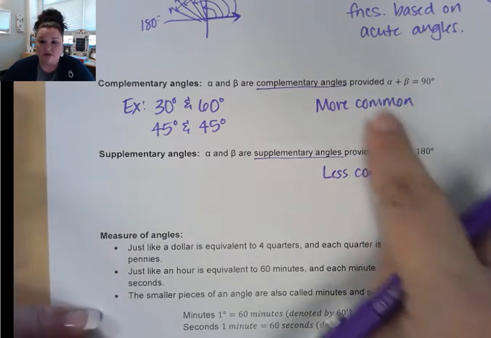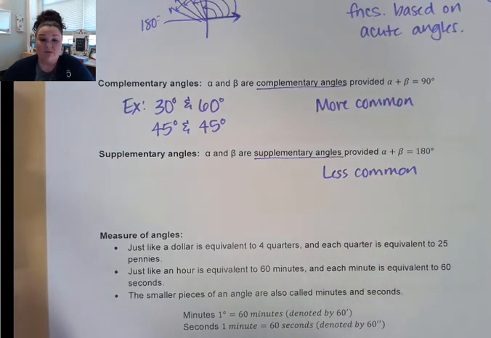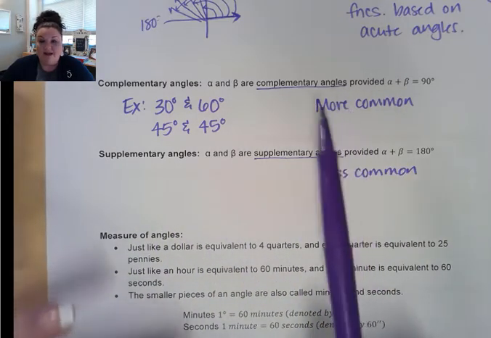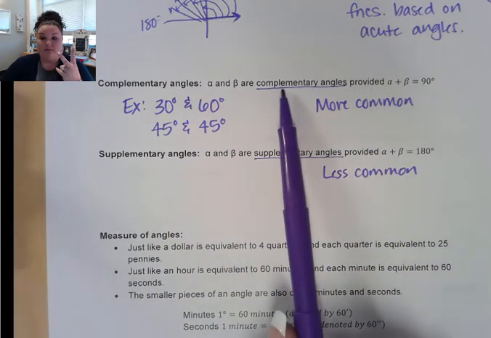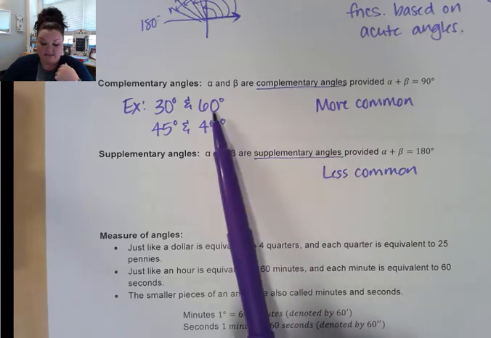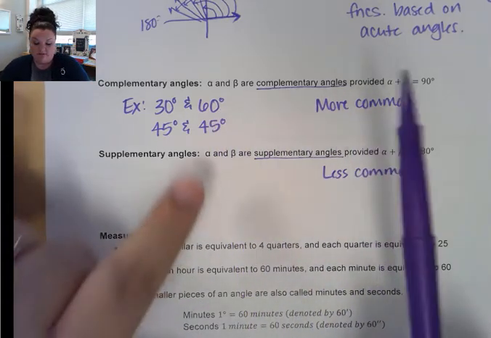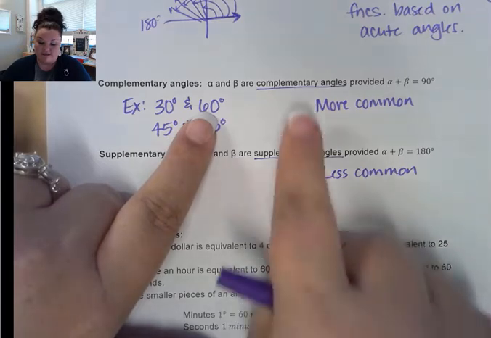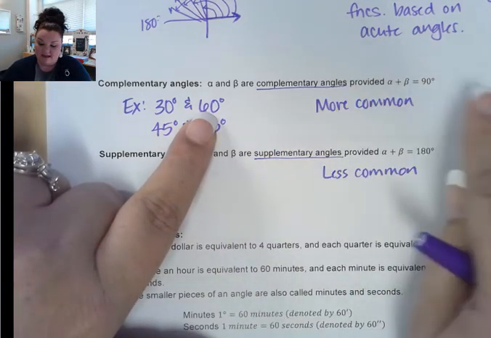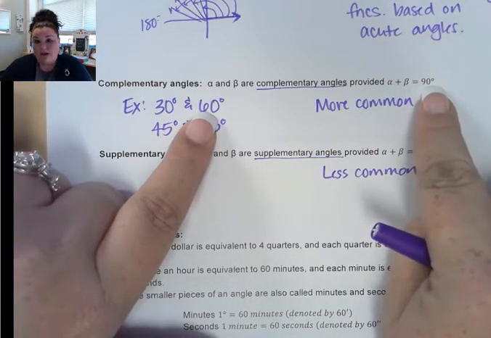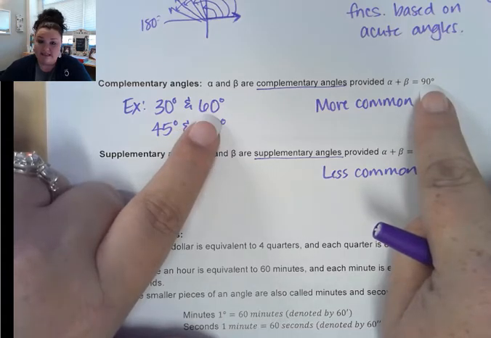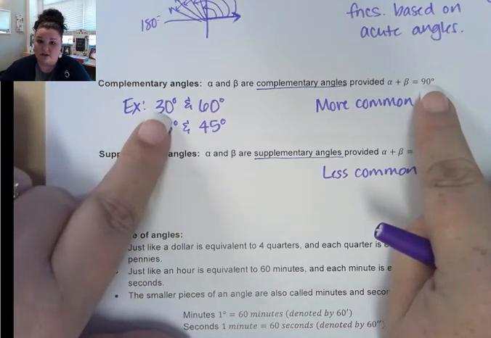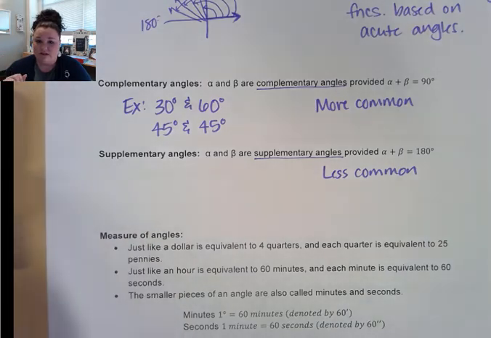So we're going to use this relationship to solve for a missing angle. Maybe I tell you I have two angles that are complementary and one of them is 60 degrees. Well, if they're complementary, then they have to add up to 90. So all I would have to do is take 90 and subtract 60 to figure out that the other one is 30. Does that make sense? So we're just going to use that relationship.